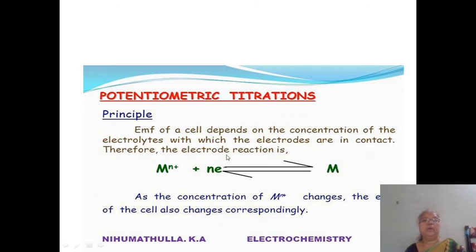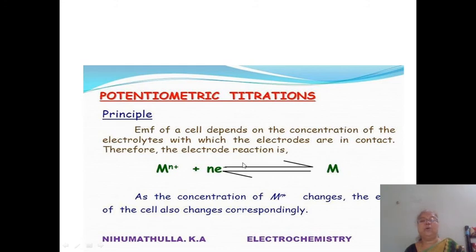The electrode reaction can be written as follows: if we have a metal M in general and it contains M^n+ ions in the solution, the reduction of the M^n+ ions takes place by n electrons, and we get the metal M in a reduced state.